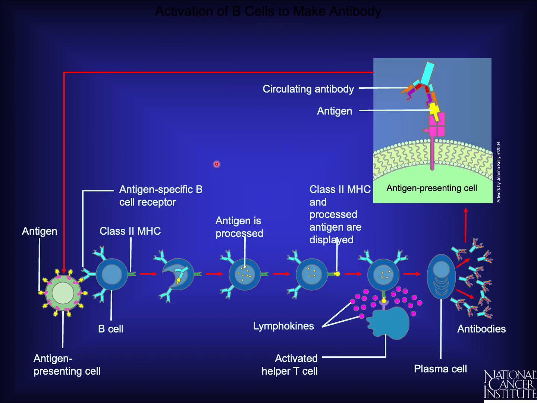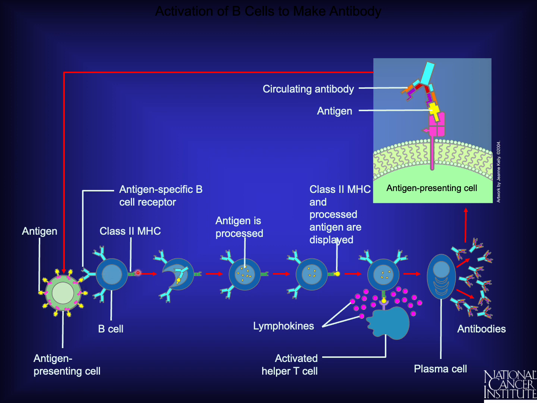Another way that B cells can be activated and differentiate into a plasma cell to make antibodies is indirectly, by getting the information from an antigen-presenting cell. So it doesn't have to come in contact with the bacteria or the foreign object itself. An antigen-presenting cell can tell this B cell, hey, there's something foreign here and this is what it looks like.